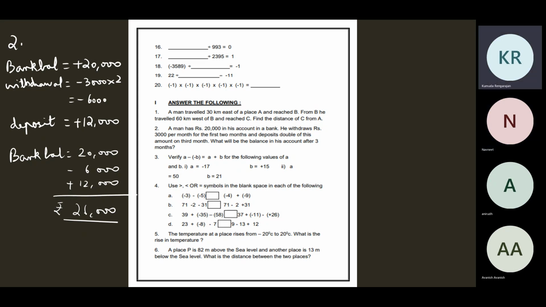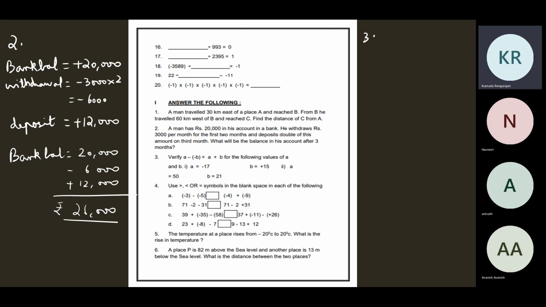The bank balance: how much he has, 20,000. How much he withdrew, 6,000. How much he again deposited, 12,000. If he deposits, add; withdraw, subtract. But he already has 20,000. So 20,000 minus 6,000 plus 12,000 is 26,000.